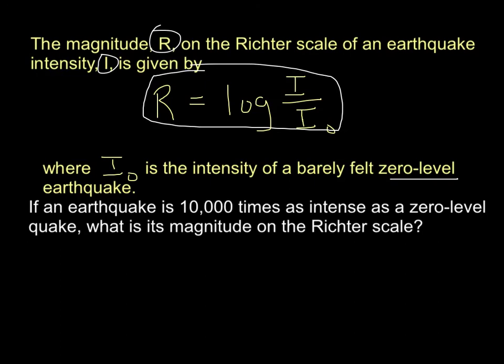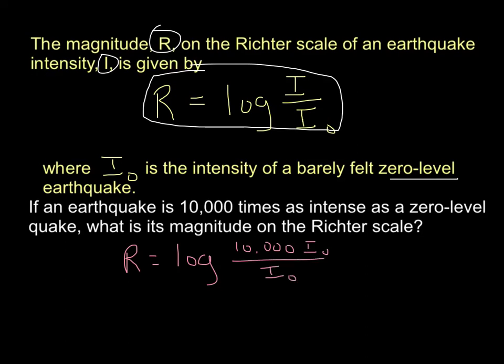Okay, so if an earthquake is 10,000 times as intense as a zero level earthquake, what is the magnitude on the Richter scale? So we'd have R equals the log, and remember when there's no base indicated, the log is base 10, okay? And the intensity is 10,000 times the zero level. So that's 10,000 I naught divided by I naught.